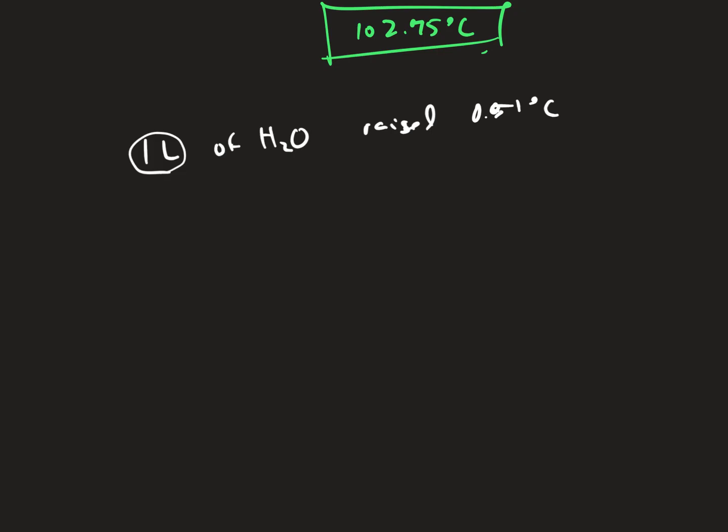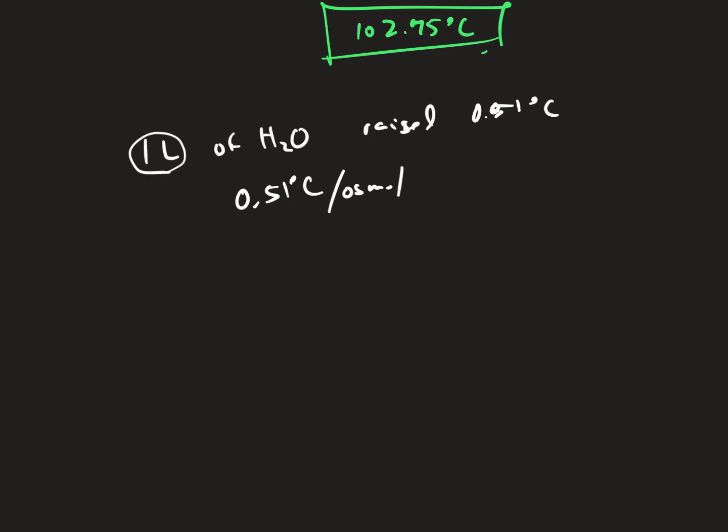But anyway, it's always going to be per osmol. So really it's 0.51 degrees Celsius per osmol. Good? What is the final boiling point? So that's basically the same thing we did, yeah?